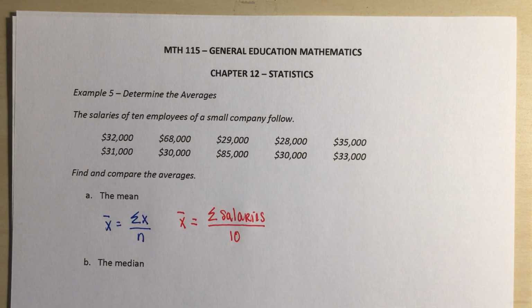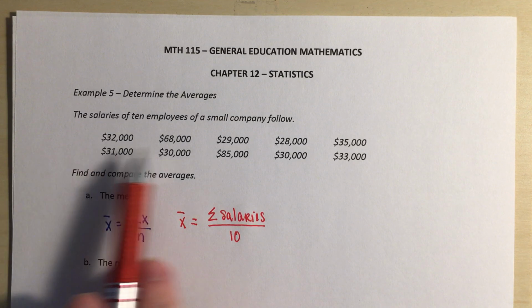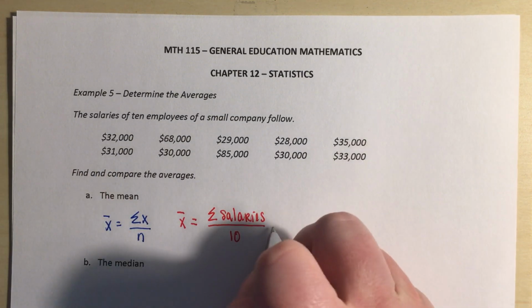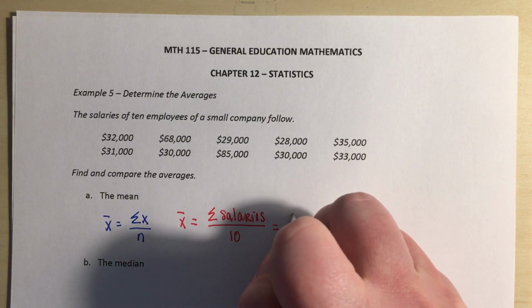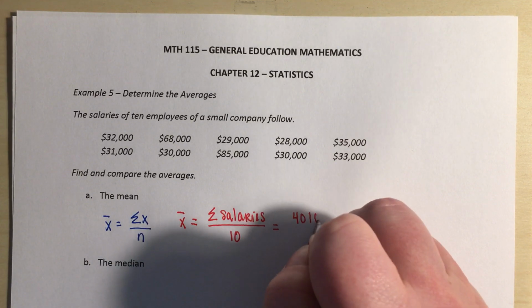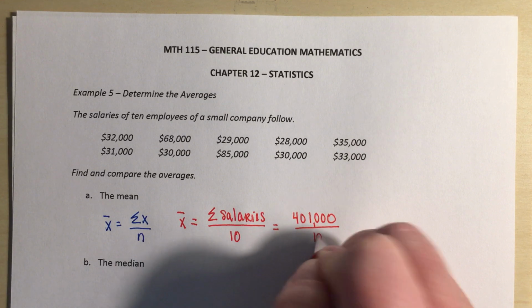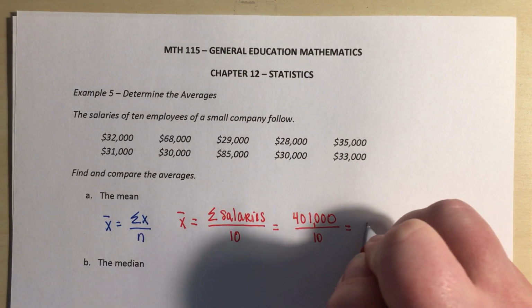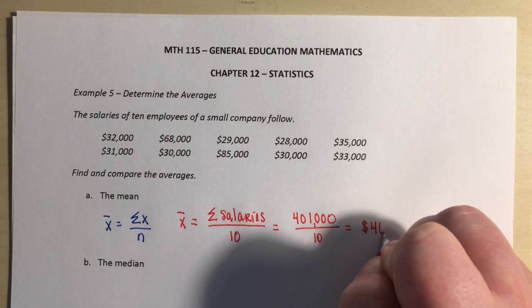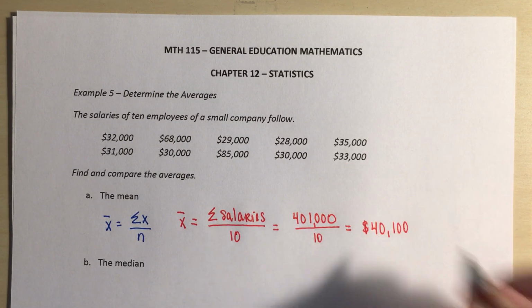So I've worked through this ahead of time. If we add up all of these 10 values in this list up here, we get 401,000. And if we divide that by 10, then we get a mean of 40,100.